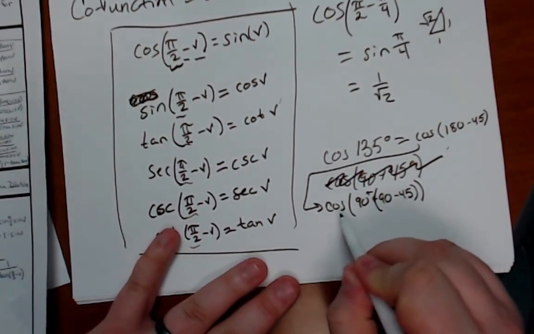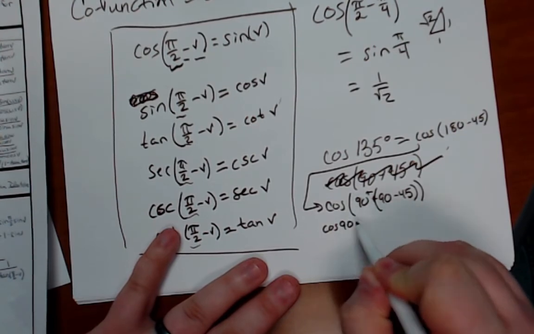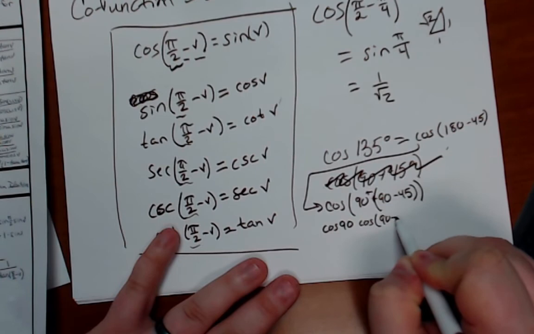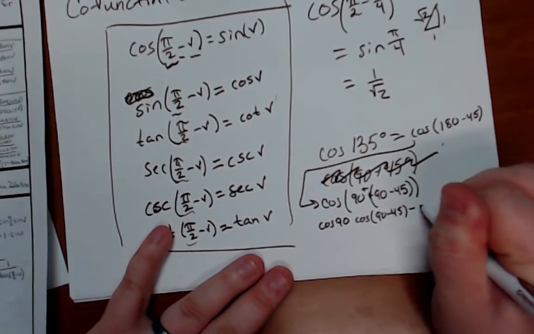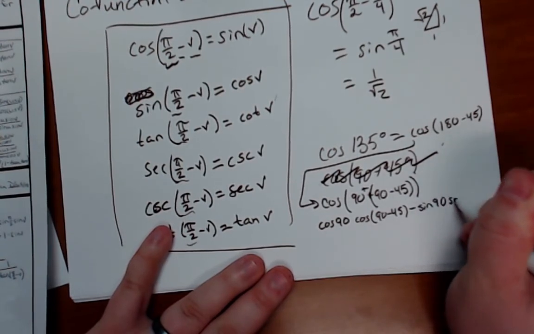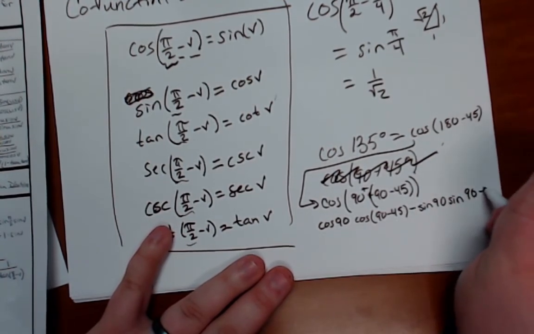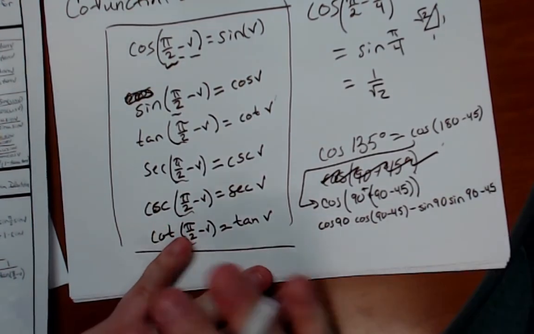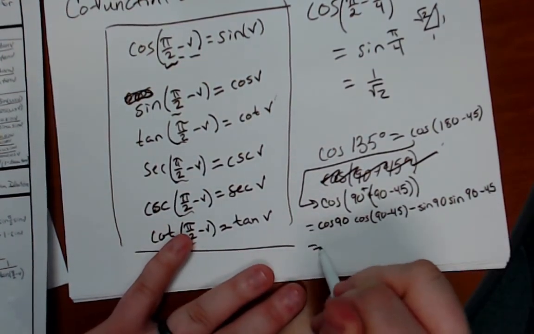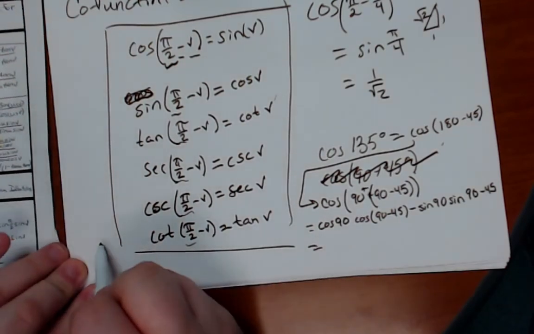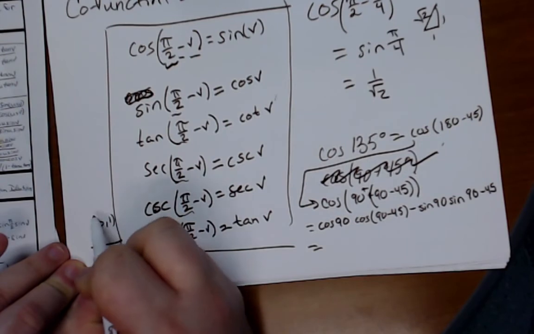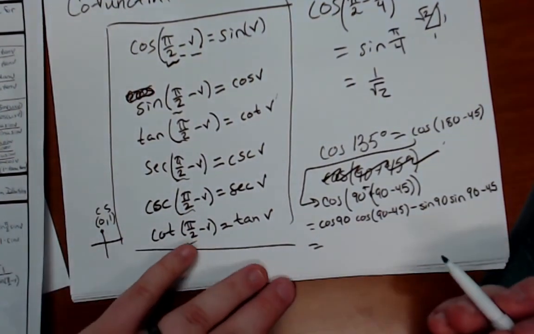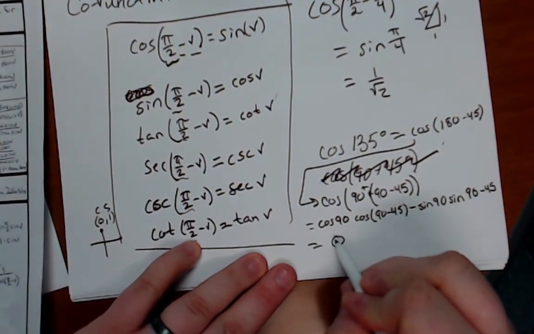So we have cosine of 90 times cosine of 90 minus 45, minus sine of 90 times sine of 90 minus 45. It ended up being more work, but it's good practice. Cosine of 90 is what we have up here at our numerator. X is 0, y is 1, cosine, sine on our unit circle. Cosine of 90 is 0.